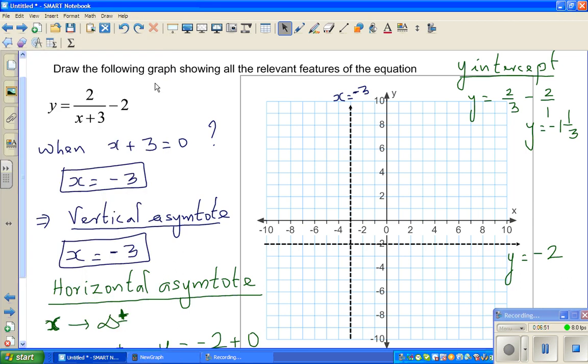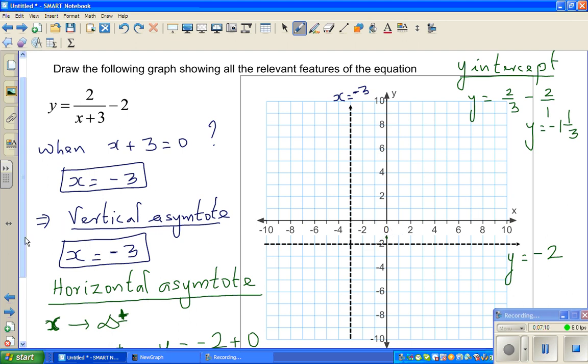Yeah, that's right. So my y-intercept is negative 1 and 1/3. This is somewhere here. So this is 0, this is 1, and this is your y-intercept.